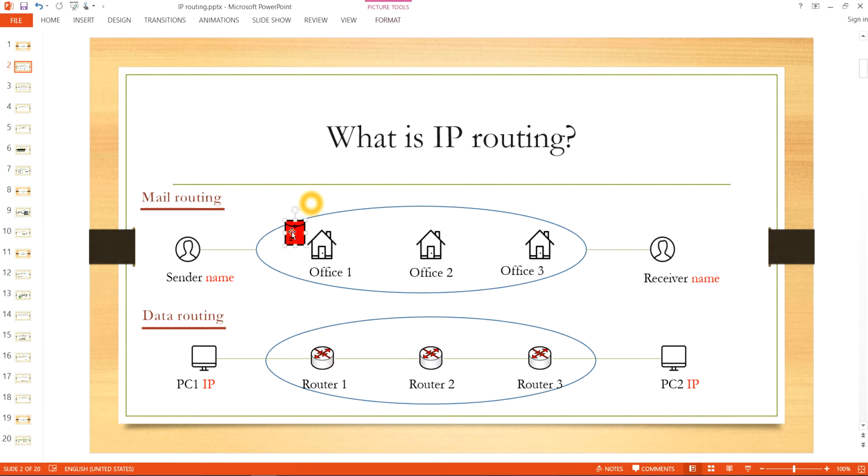On the top of the envelope there is information, the destination and the sender and everything. So this office determines where to forward this mail so that it reaches the receiver. First of all, office 1 doesn't know where this receiver is because they are in different cities. So he forwards this mail to the next carrier along the way.